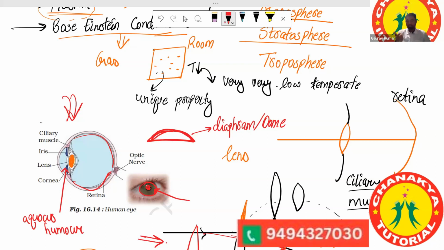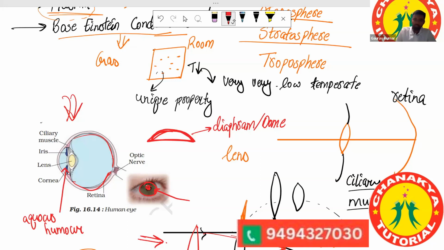What adjustment do the eyes do? They increase the size of the pupil, so that more and more light enters inside, and you will be able to see inside a dark room. This is the work of the iris and the pupil. After this comes the lens and the ciliary muscle.